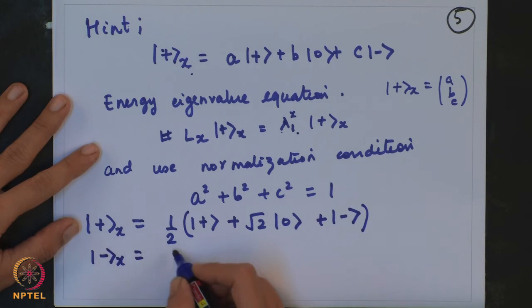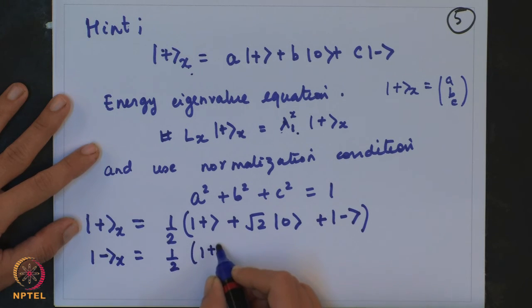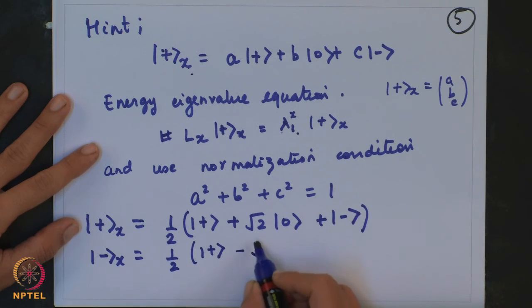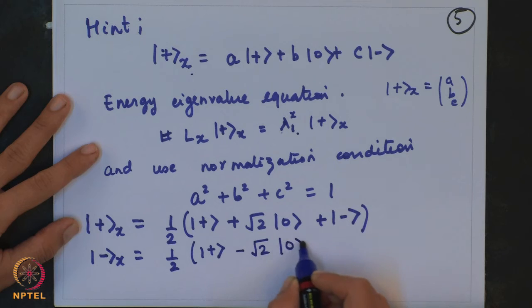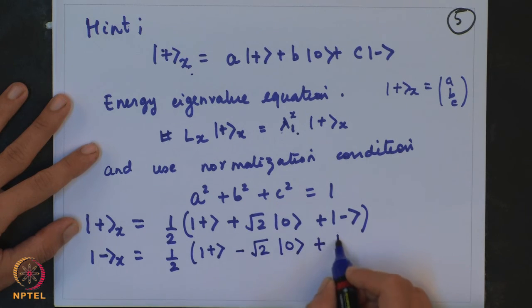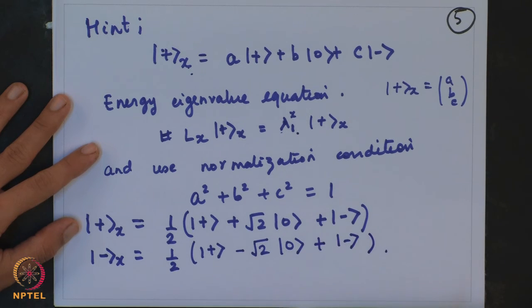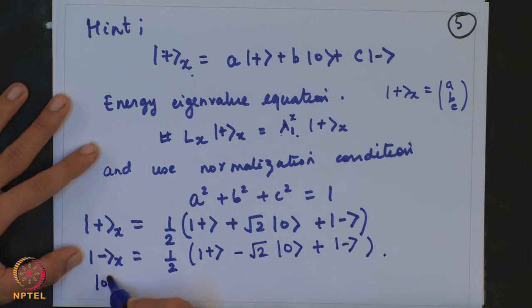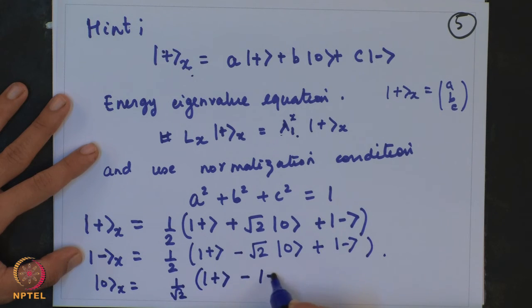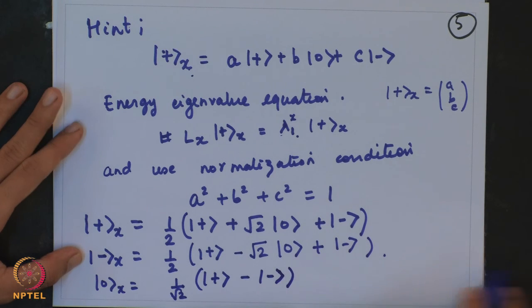That is, half ket plus, plus 1 by root 2 ket 0, plus half ket minus, and so on for the others, like 1 by root 2 ket plus minus ket minus.